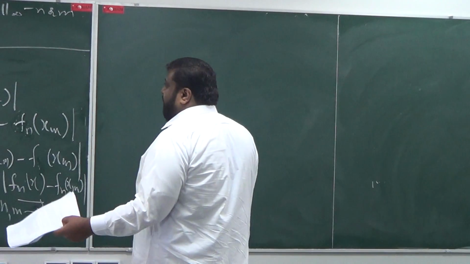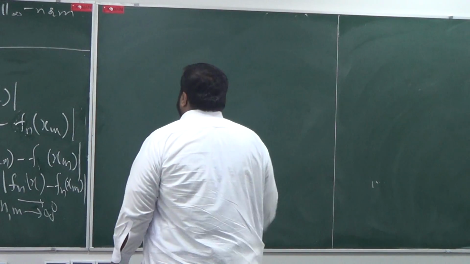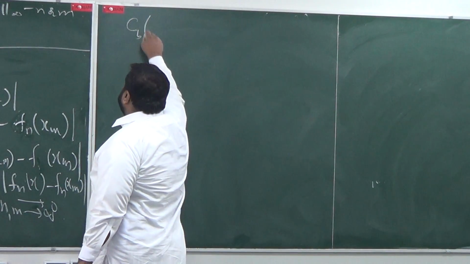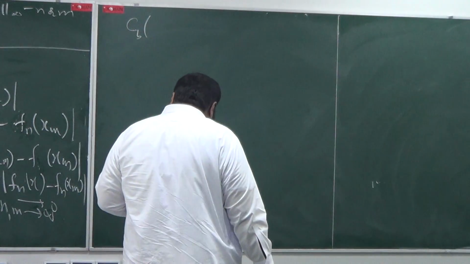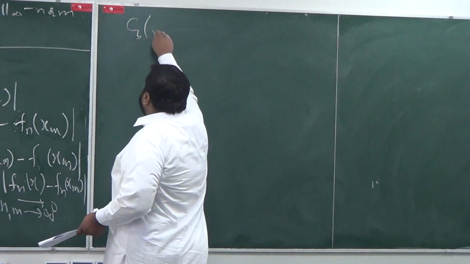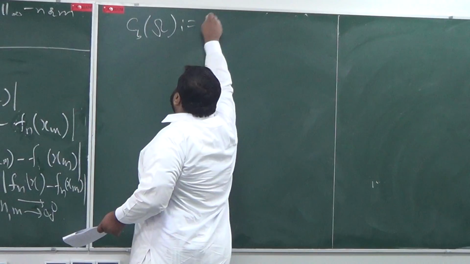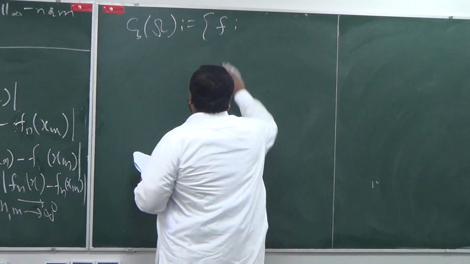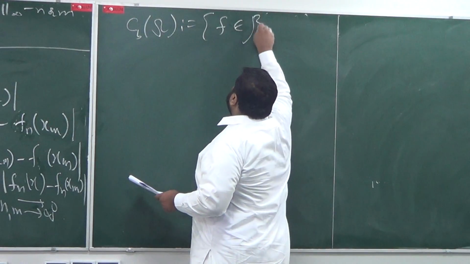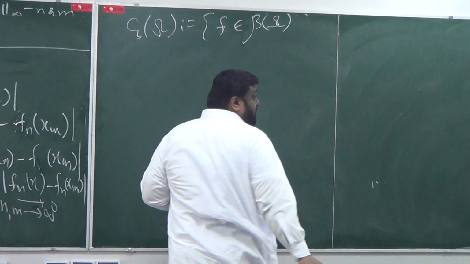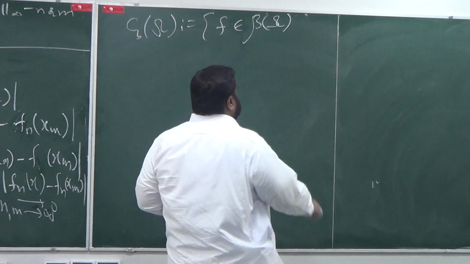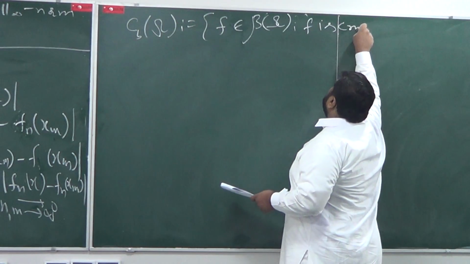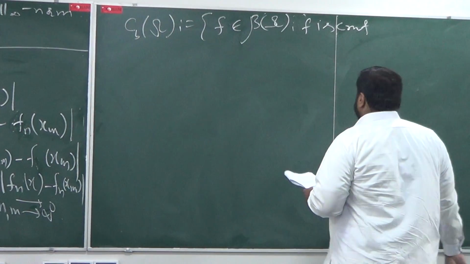So we are almost done with this chapter. The last specific thing that I would like to write: imagine that this C_b of omega is the space of all maps which are bounded over omega, and such that f is continuous as well.